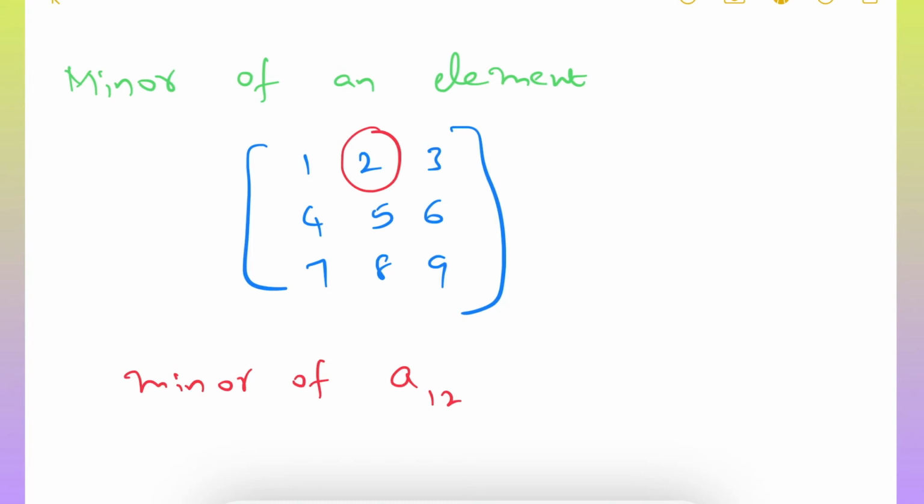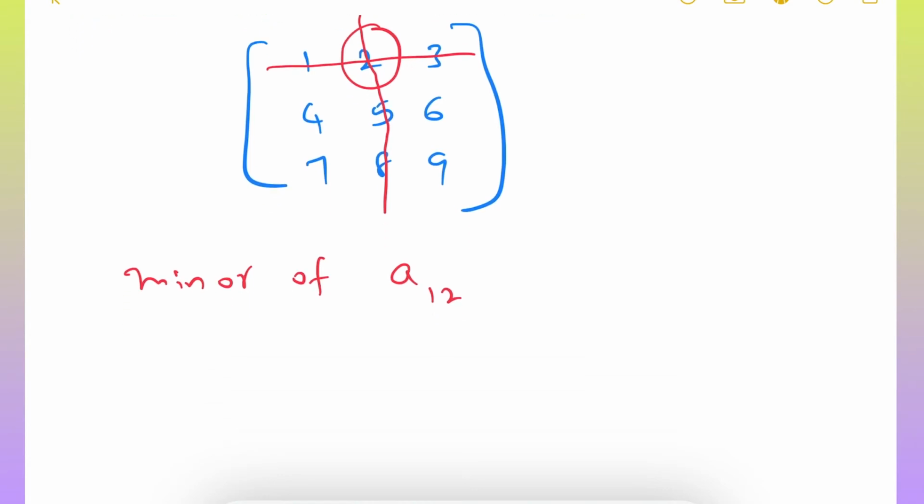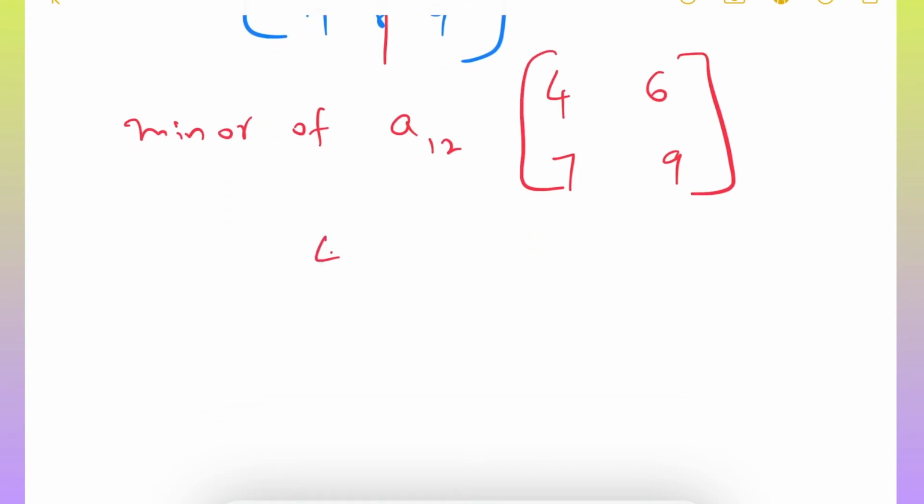Now, for that particular element, delete the complete row as well as the complete column. Whatever remaining elements are there, make one matrix with those elements: 4, 6, 7, 9. Now we need to find the determinant of this. 4 into 9 minus 6 into 7. 4 9s are 36, minus 6 7s are 42. 36 minus 42 is nothing but minus 6.